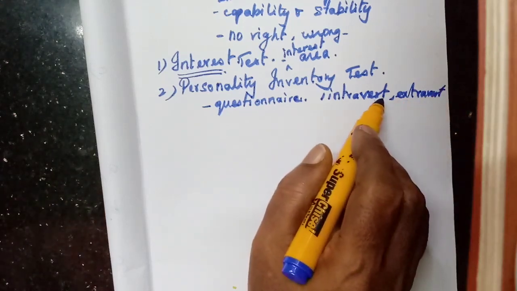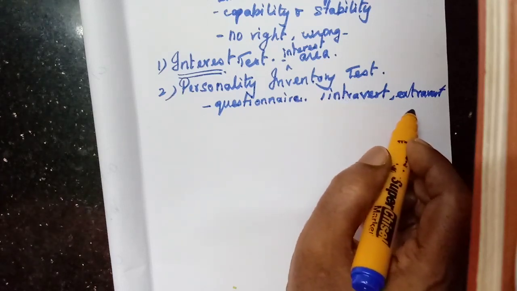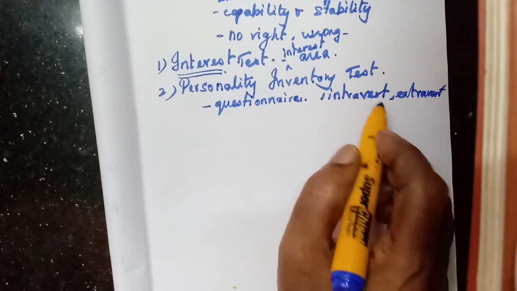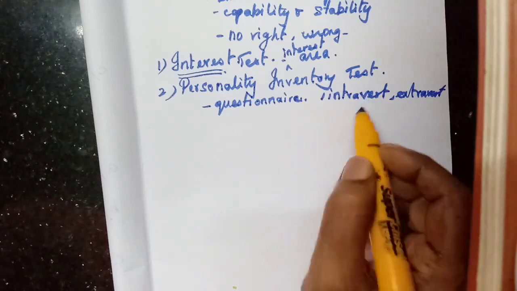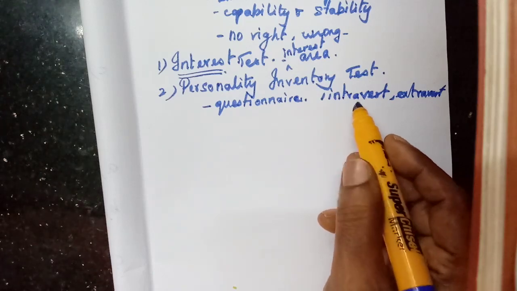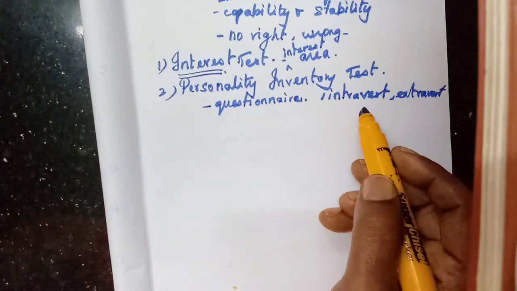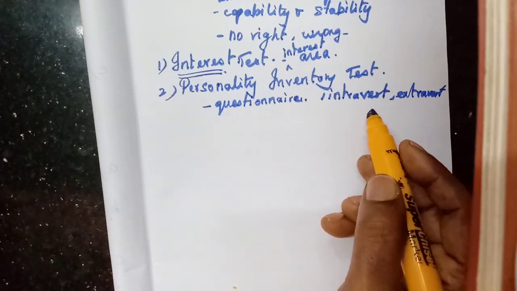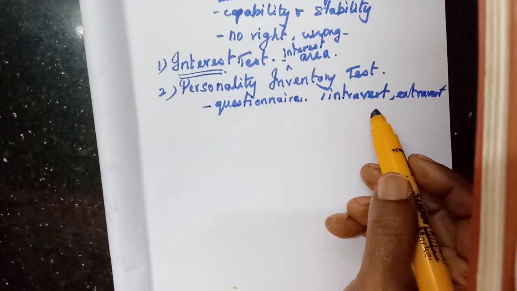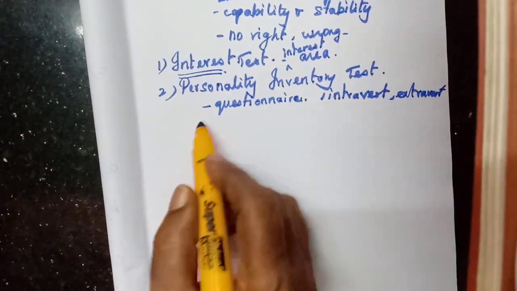Introvertness, extrovertness, then dominance. Introvert means a person is not able to mingle with others very easily, or he will not express his views frankly to others. Extrovert is the opposite: he will be ready to express any of his views to others, and he can easily mingle with others.